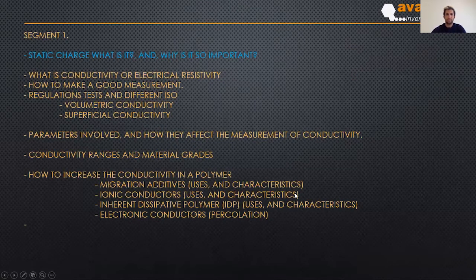First, we are going to divide the webinar into the following topics. At the beginning, we are going to talk about what static charge is and how it is generated. After that, we focus on the conductivity of the material: the relation between the different conditions of conductivity, how we make a volumetric conductivity, how we make a superficial conductivity, and how we increase the conductivity in polymers.